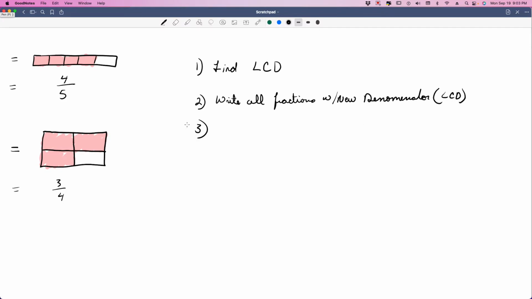Step 3, we're going to find our new numerators. And number 4, then we'll do the calculation. We will solve it.